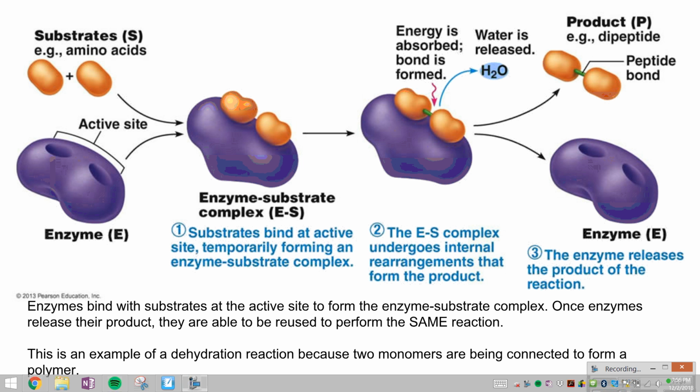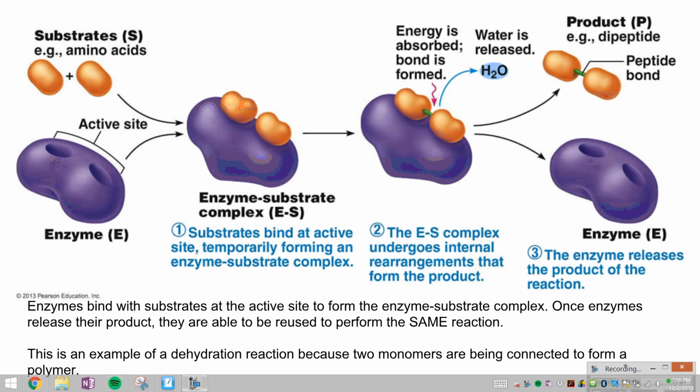When all of those things come together, the substrate bonds with the enzyme at the active site, you'd call that a complex. That complex is where the reaction is going to take place. Once the reaction does take place, energy is either going to be absorbed or released.